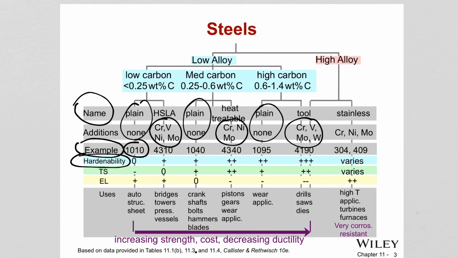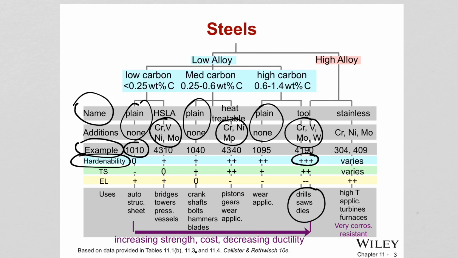As you can see, they are given pluses and zeros, which gives you information about the hardenability of the materials, and it seems like the tool steels are the best, which you want, because tool steels are used as drills, saws, and dies.